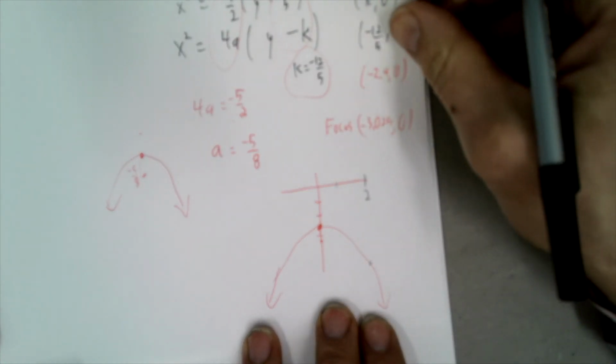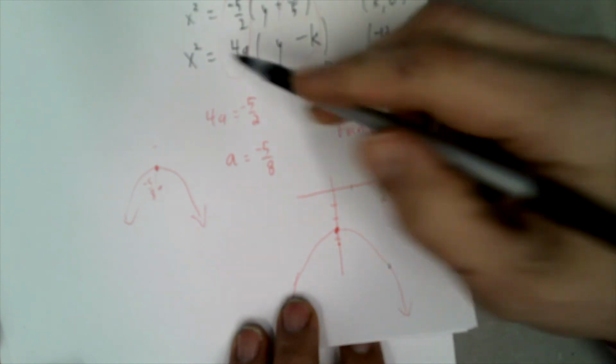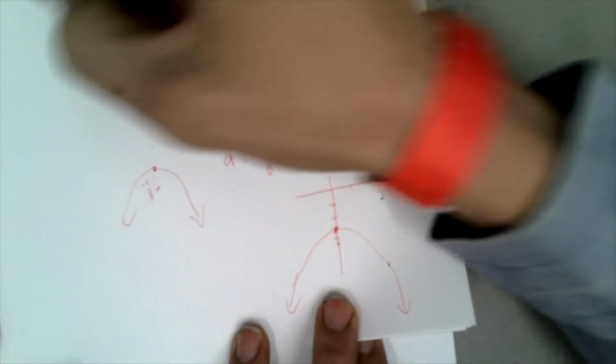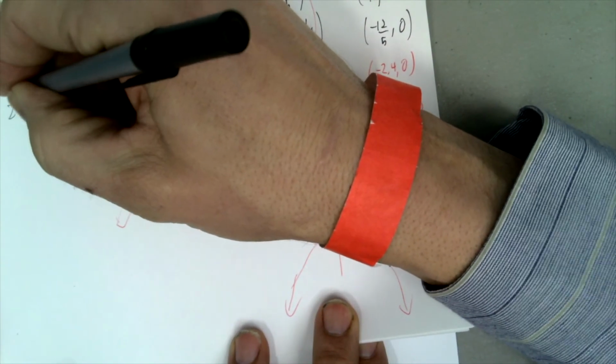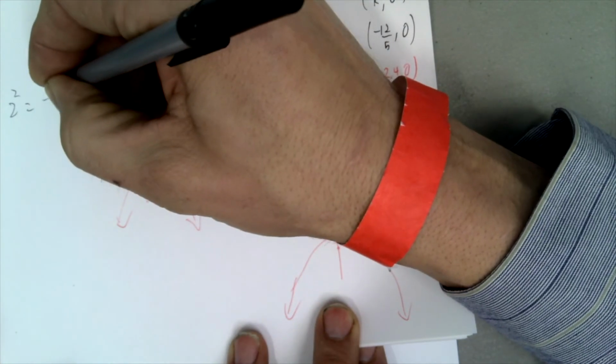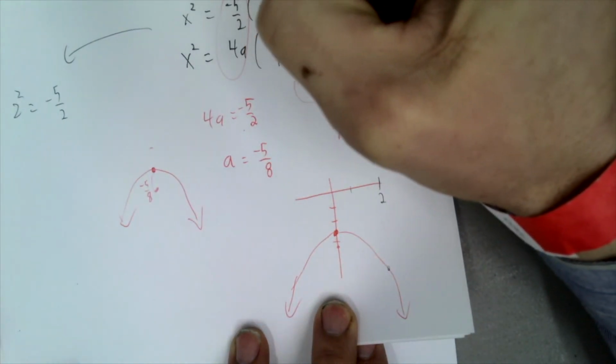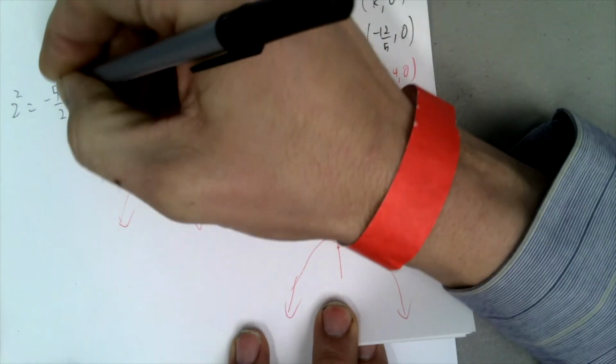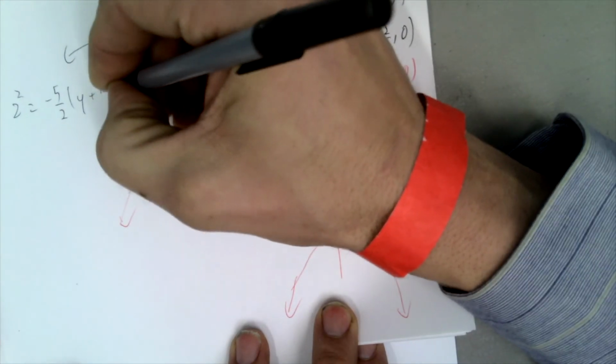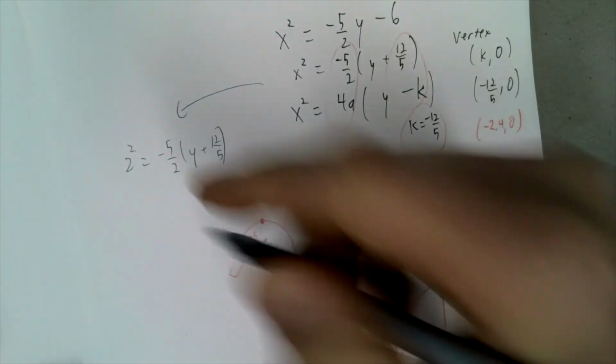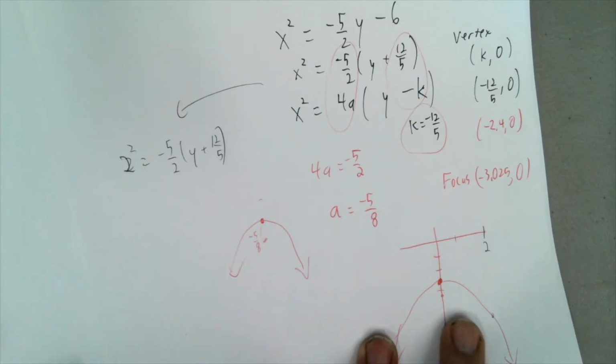You can plug that in anywhere, this form of the equation. So 2 squared is negative 5 halves times y plus 12/5. Once you plug in one number, you can solve for the other one just doing the algebra out.